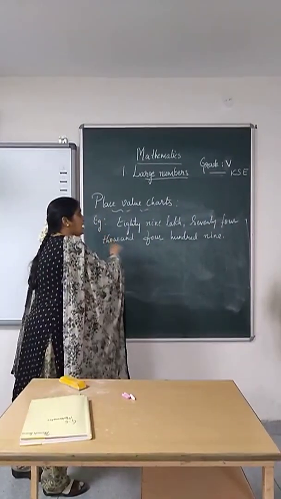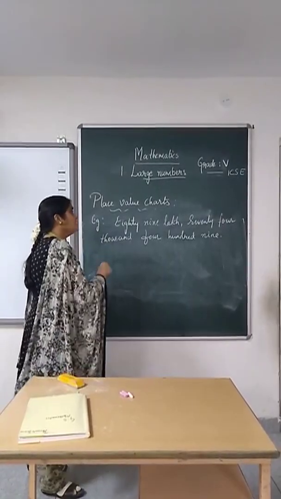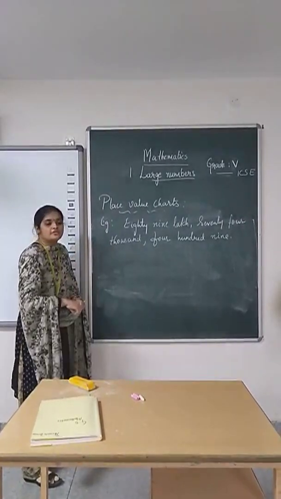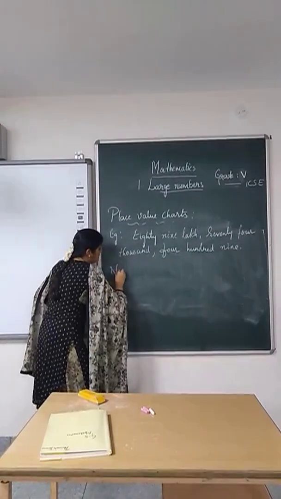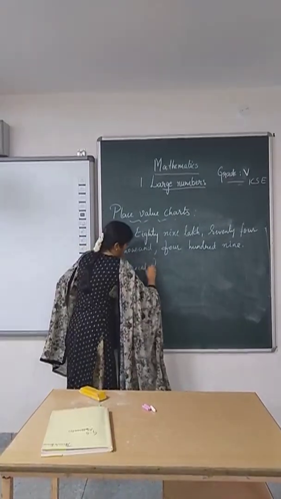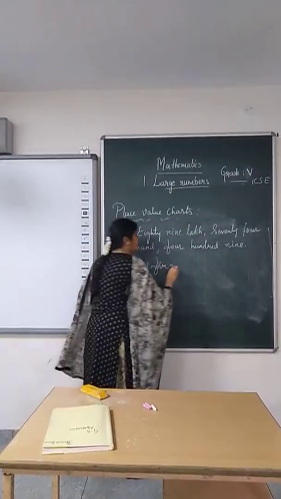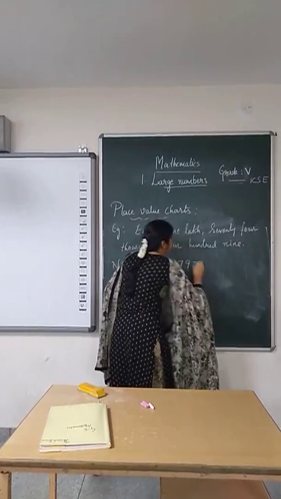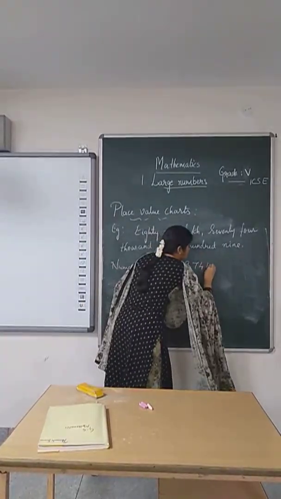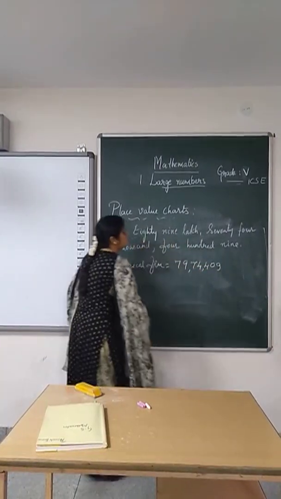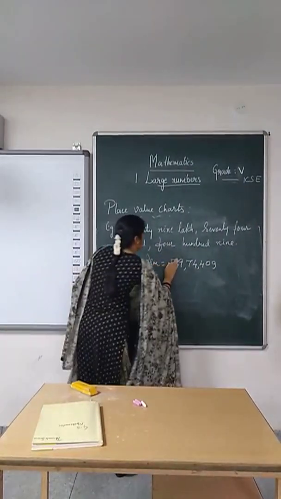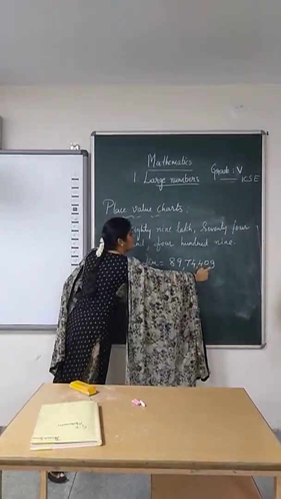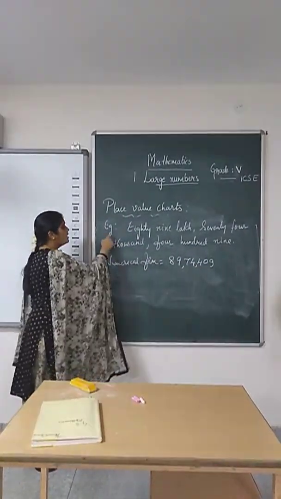That is 89 lakh 74,409. How do you write the numerical form of this? That is numerical form 89 lakh 74,409. This is the numerical form of this number.